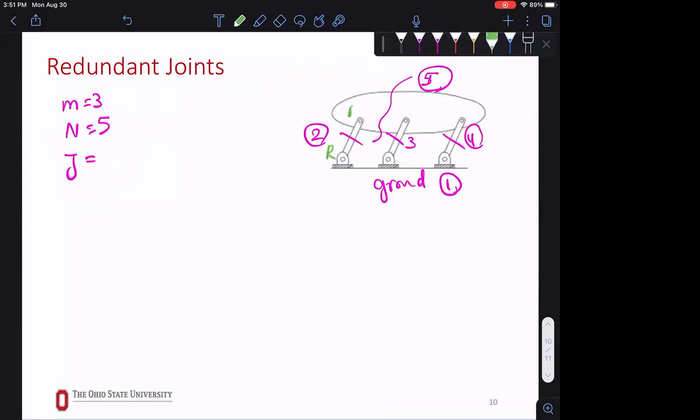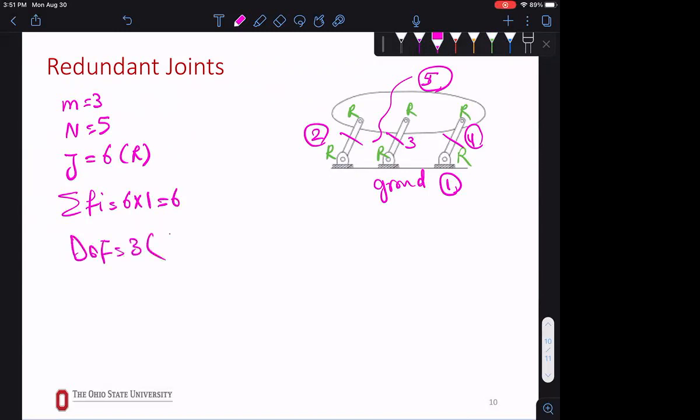Okay, there's R, R, R, R. J is 6, sigma Fi, 6 times 1 is 6. So DOF is 3 times 5 minus 1 minus 6 plus 6. What's the solution? 0.